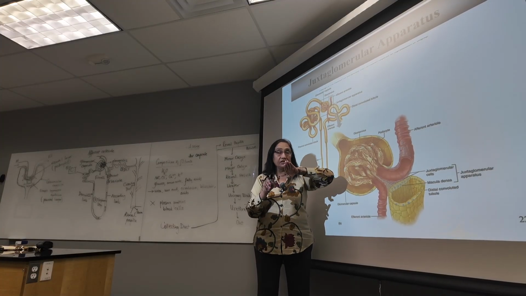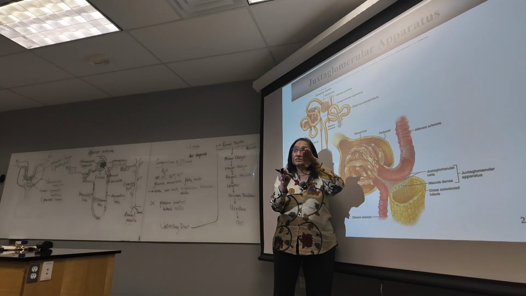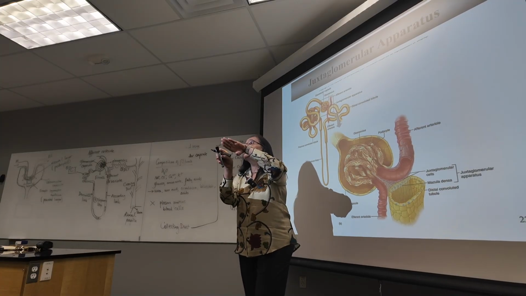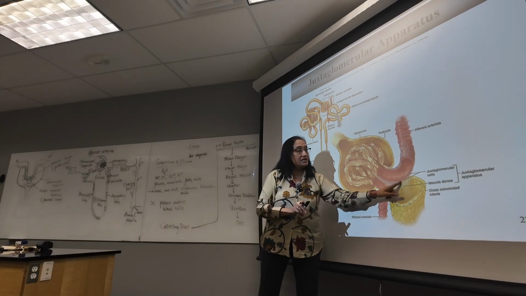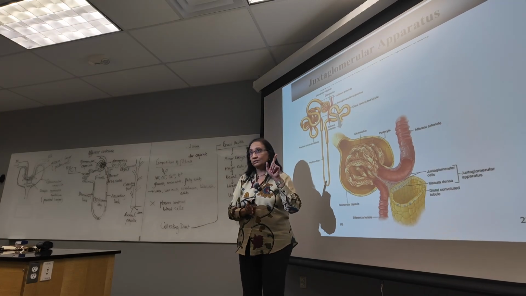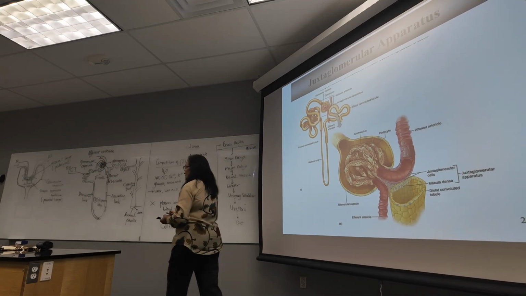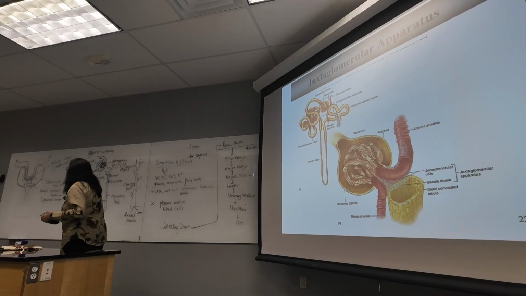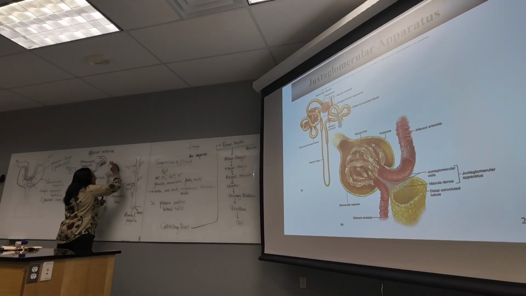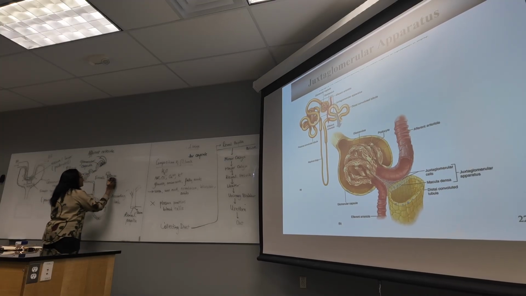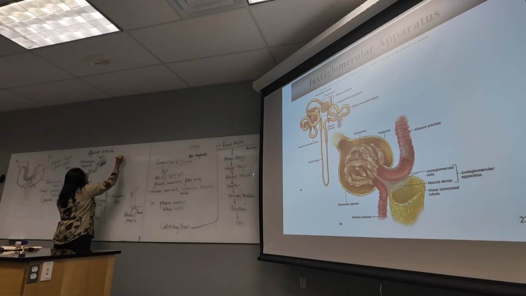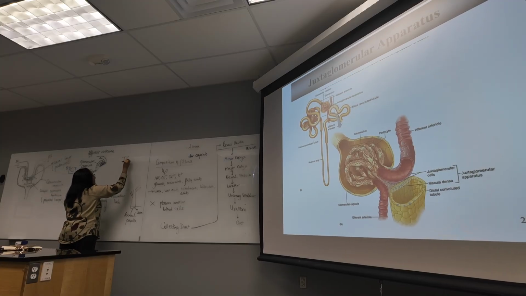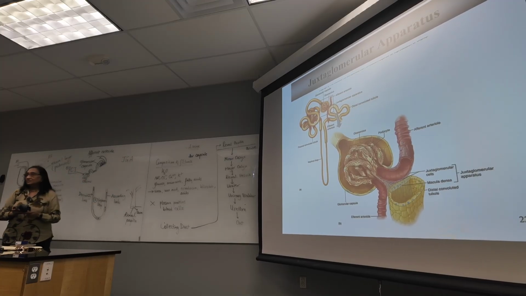It is the point at which the distal convoluted tubule comes very close to the afferent arteriole. Here there are a few things that are important. We shorten it to say JGA, juxtaglomerular apparatus.